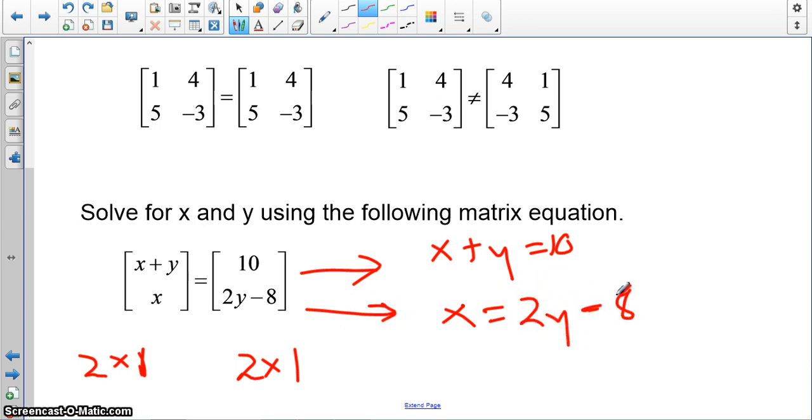A good chance that your do now tomorrow will be to solve this system of equations to answer the question. If you have trouble with that, then that's bad news, because that's literally what we're testing on. Really the way to go would be substitution. So your do now is likely to be exactly this right here: solve this matrix equation by substitution. All right, so there you go. That's 4-1.